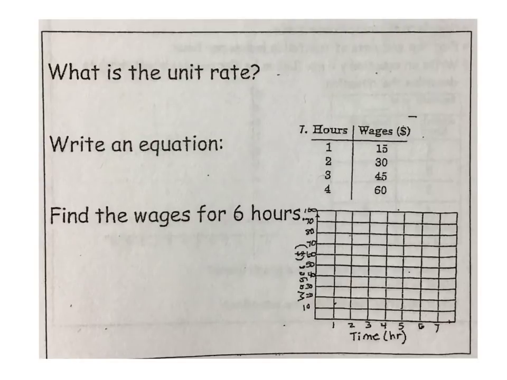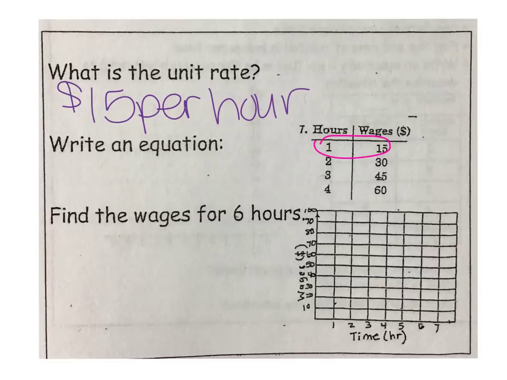So let's look at the next one. We're going to look at this table. They already gave us our table, and they ask, what's our unit rate? Well, again, unit rate is how much it is for 1. So our unit rate is $15 per hour. What's our equation? Remember, y equals unit rate x.